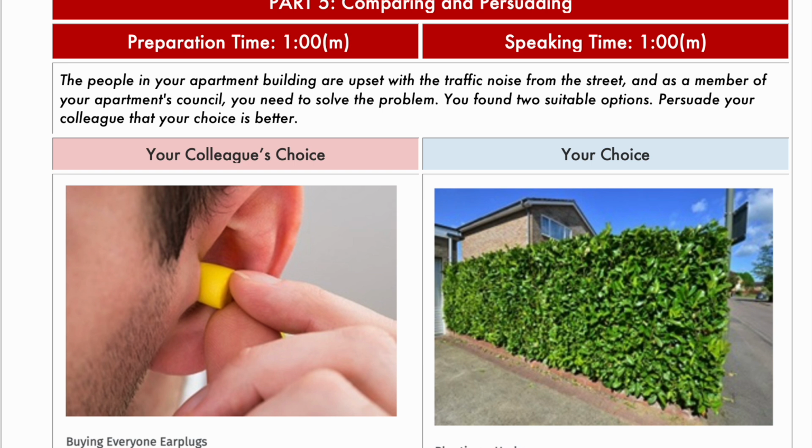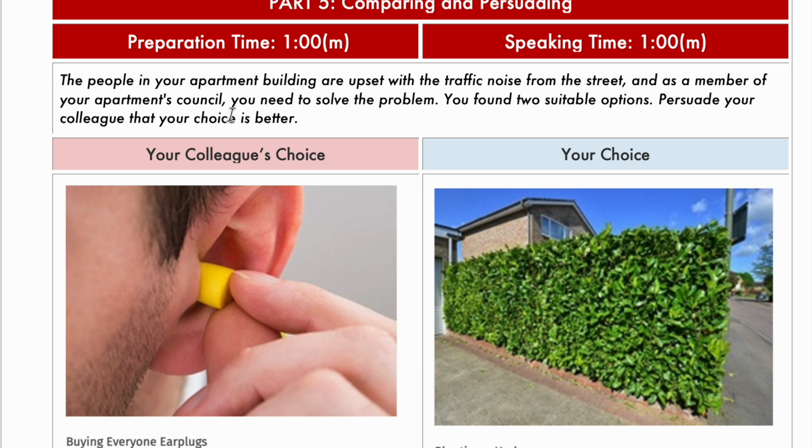So then, everyone, let's get now to our question here again. Remember, it says that the people in your apartment building are upset, angry, or don't feel good with the traffic noise from the street. So your apartment building is next to the street and there's too much noise. Okay? And as a member of your apartment's council, so in your apartment building, you have the managers, the maintenance people.